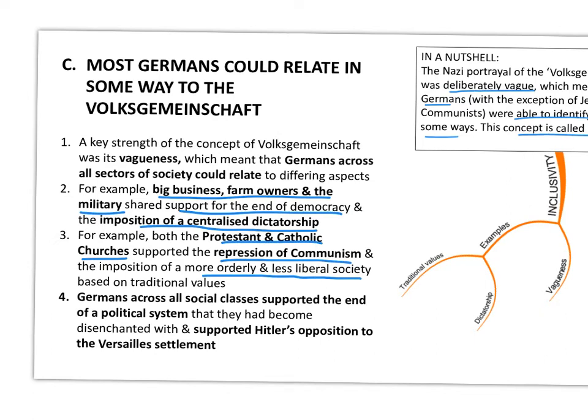And also, many middle classes were genuinely attracted by Hitler's promise to recreate traditional values based on the values of the countryside and the village, etc. They almost saw the Weimar era as a big social experiment that had gone wrong. Again, we've covered that in previous lessons, that there was too much liberalism.